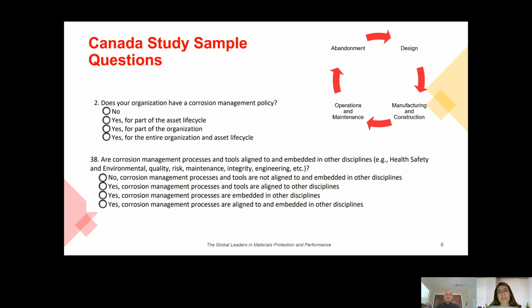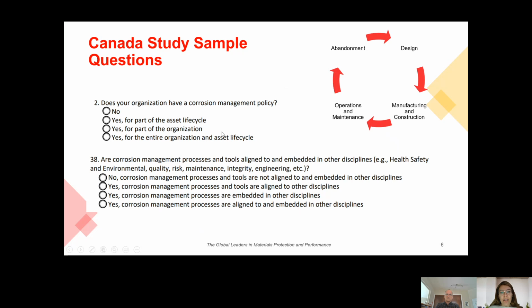The other thing that is important to understand is that we asked all those questions for all those domains throughout the life of an asset. There were questions on the design phase, on the manufacturing and construction phase, operations and maintenance, and abandonment. So throughout the life cycle of an asset, in all these domains. Here are some of the questions that we had.